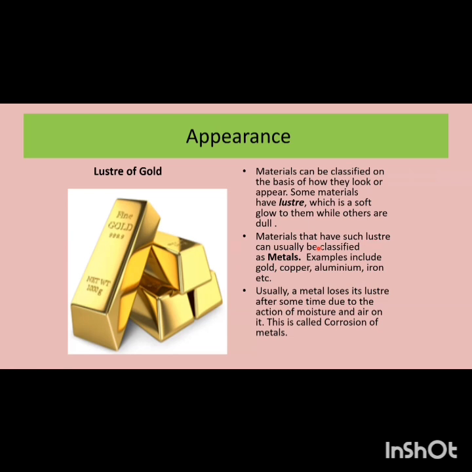Materials that have such luster can usually be classified as metals. Examples include gold, copper, aluminium, iron, etc. Usually, a metal loses its luster after some time due to the action of moisture and air on it. And this is called corrosion of metals.